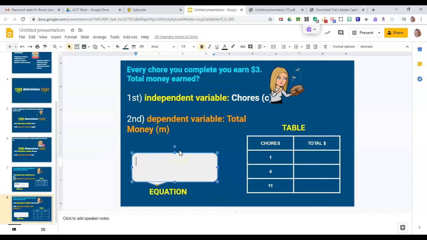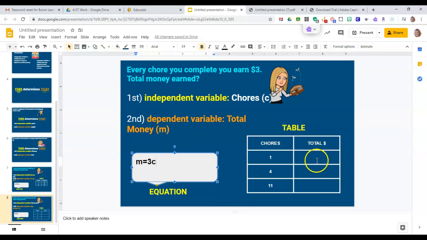Okay, so I'm looking for my total money. So the total money, M, is going to equal the number of chores I do multiplied by $3. So for every chore I do, remember the word every right here means multiply. So for every chore I do, I get $3.